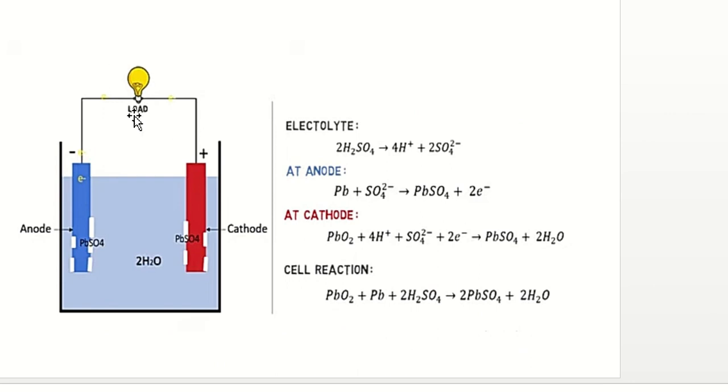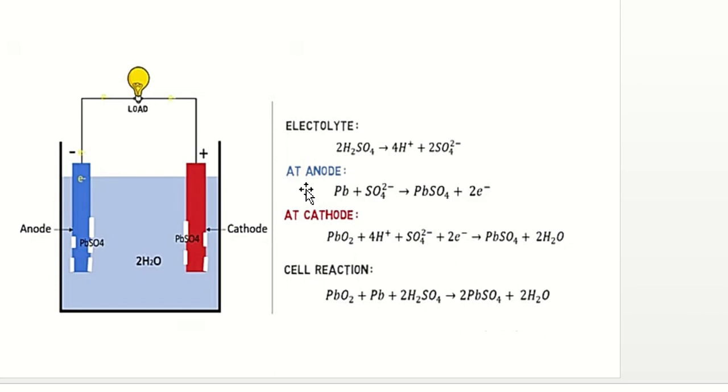This is the discharging cycle. The anode consists of PbSO4 and the cathode consists of PbSO4 at the end of discharge. The solution is 2H2O. This is the bulb load, with the negative and positive terminals. Electrolyte reaction: 2H2SO4 gives H+ plus 2SO4 2-.